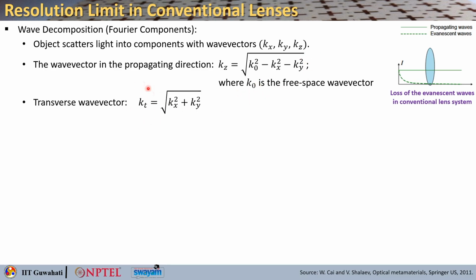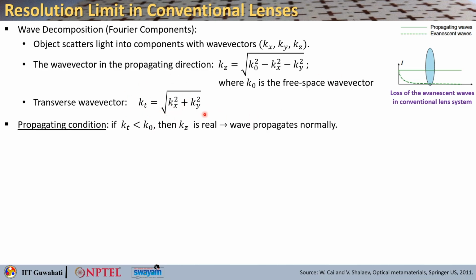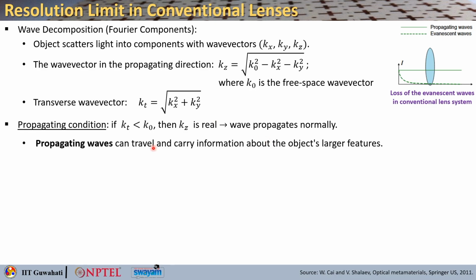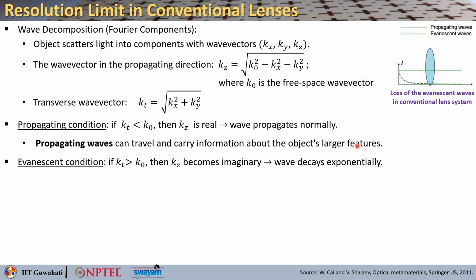Now you can denote kt as square root of kx square plus ky square, which is the transverse wave vector. What is the condition for propagation? If kt is less than k naught, then this term is going to be a real quantity. So kz is real, that means the wave is propagating normally. Here you can see that the propagating waves can travel and carry the information about the object's large features. So there is no issue.